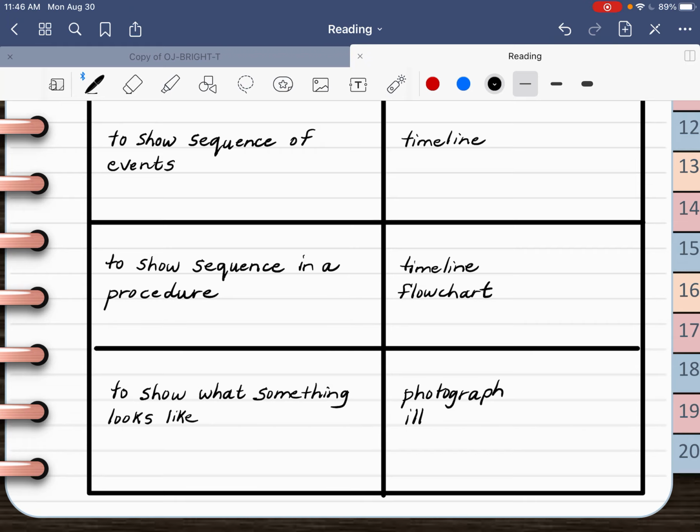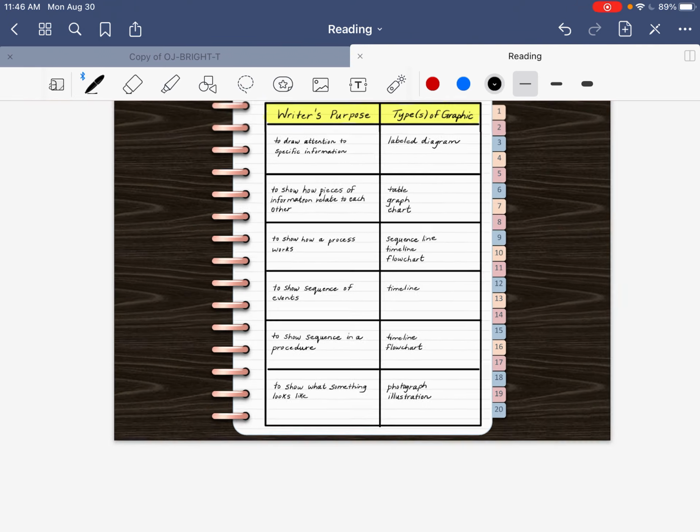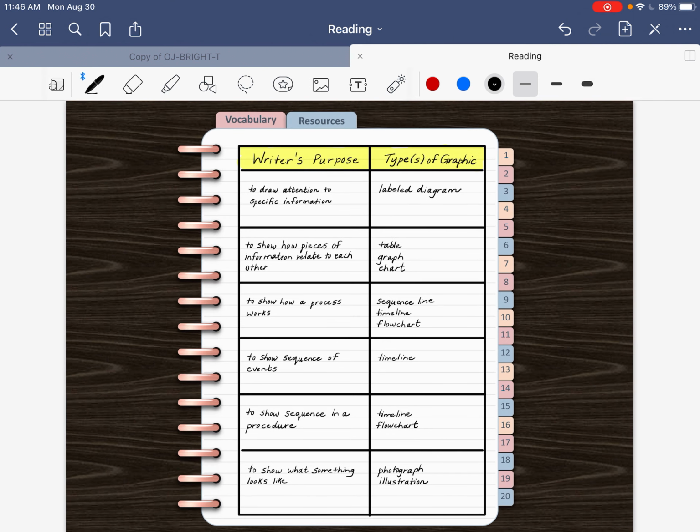An artist draws an illustration. So an illustration is a pencil drawing or a chalk drawing of something if you can't take a photograph. So these are types of graphics and why you would want to use them. I am going to stop this video and we'll look at an example of a graph in the next video clip.